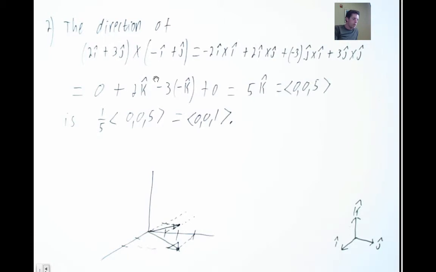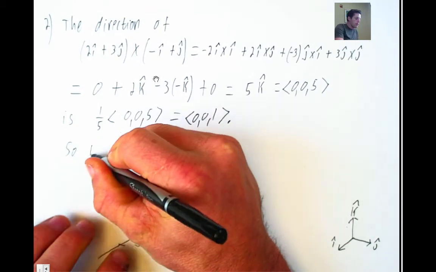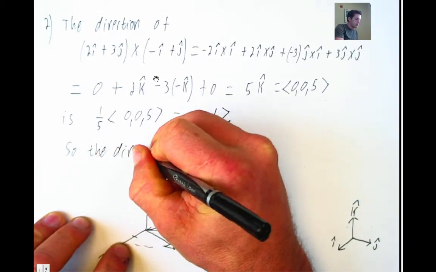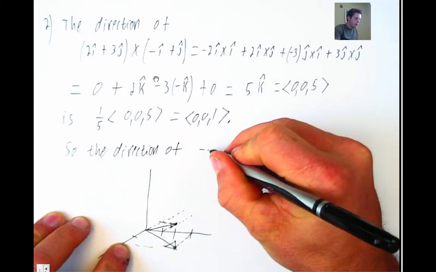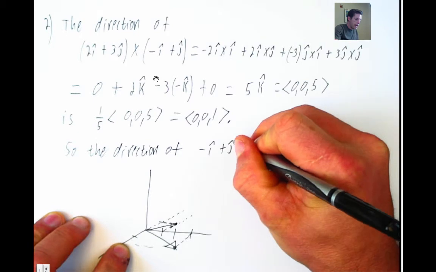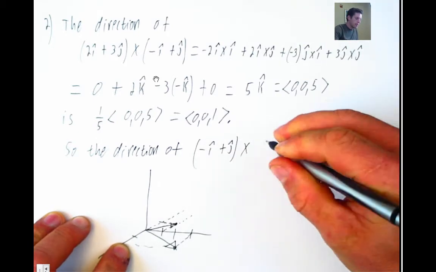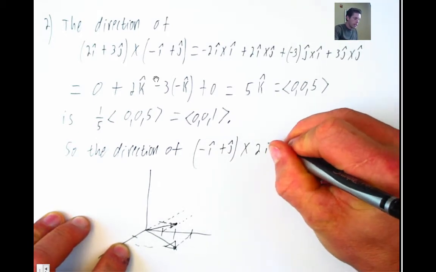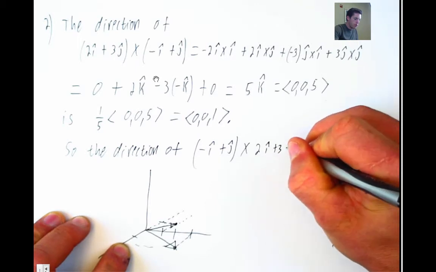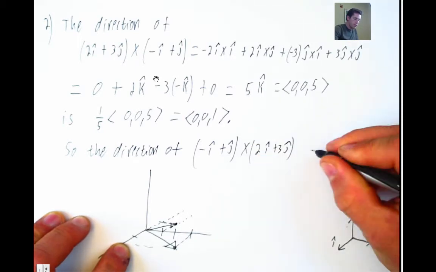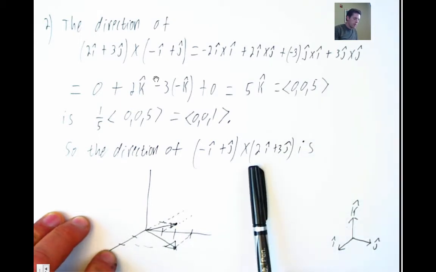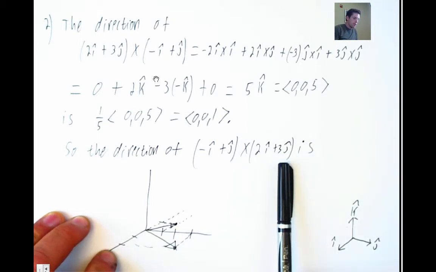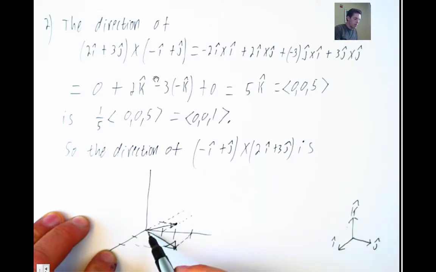I suppose the direction of the reverse of these, so the direction of (negative i plus j hat) cross (2i plus 3j), has to be the opposite direction, because remember that this guy right here is the second vector in our cross product, but he's the guy who points back here.